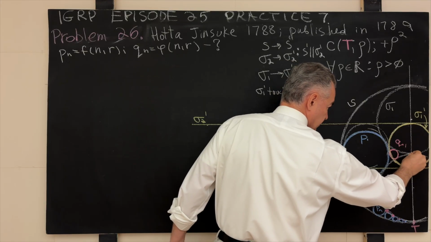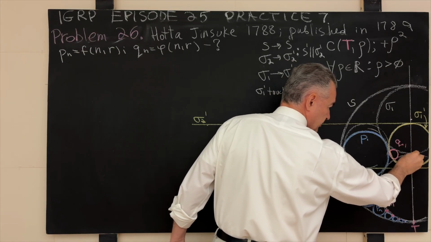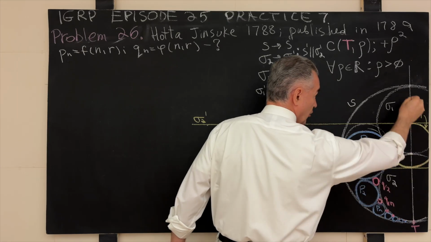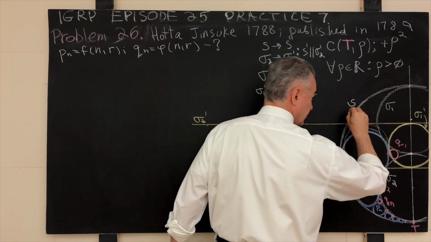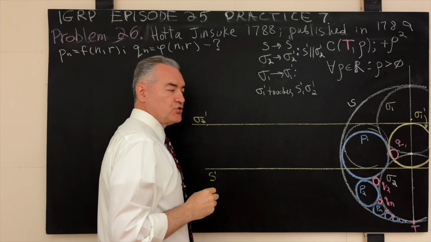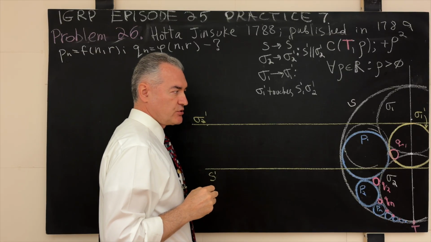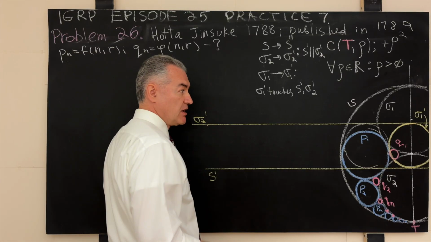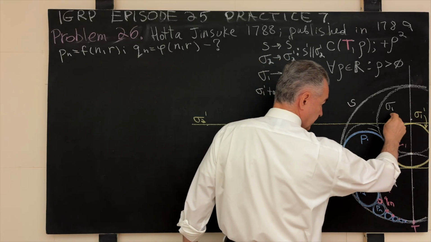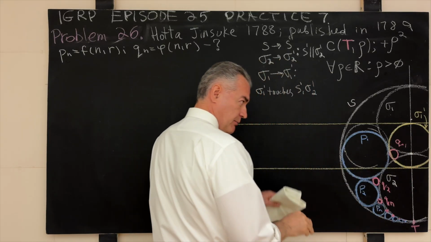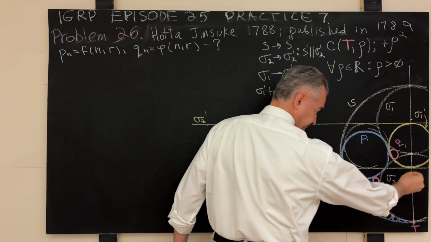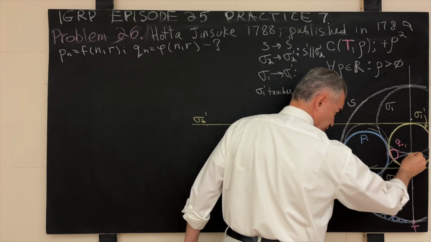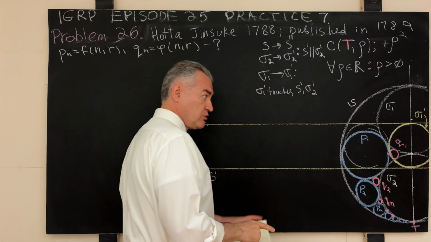The difference comes, for example, from here. Look at this point, the center of the outer bounding circle S. At this point, how many circles meet? Also two circles meet. And that means that the circles sigma 1 and sigma 2 are parallel, because the tangents constructed to both circles through the point of contact will be parallel.